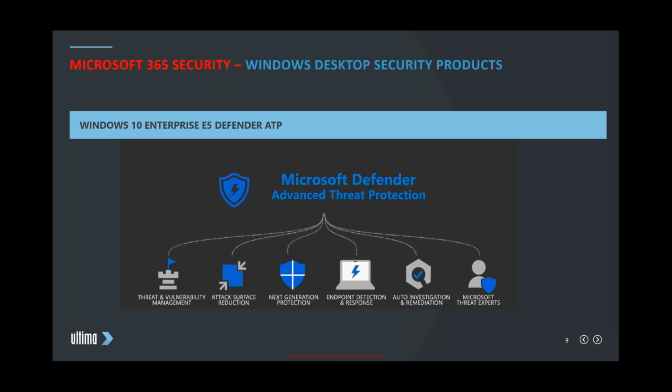And then the final element of the Microsoft 365 Security Suite is Advanced Threat Protection for the desktop, also known as Defender, also known as Windows 10 Enterprise E5. And this is where, again, you can see all of the advanced functionality that you get with Advanced Threat Protection and Microsoft Defender, the advanced security features there.